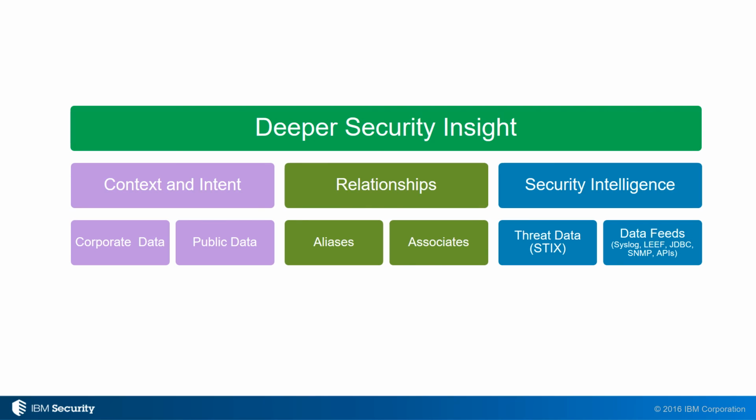And then finally, understanding how all the relationships of people and phone numbers and devices and context and security telemetry feed together. And all of this creates deeper security insight. So cognitive security is about using unstructured data, natural language, as a function of critical security indicators to create that deeper security insight.